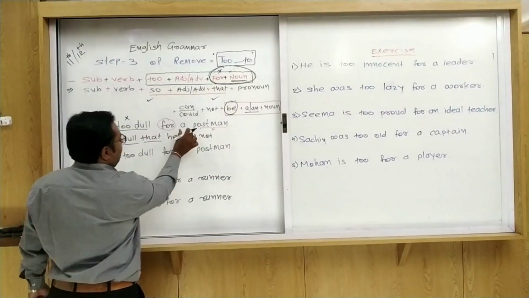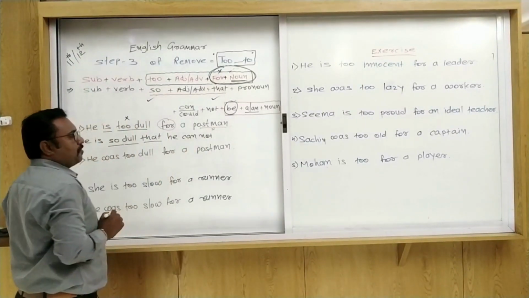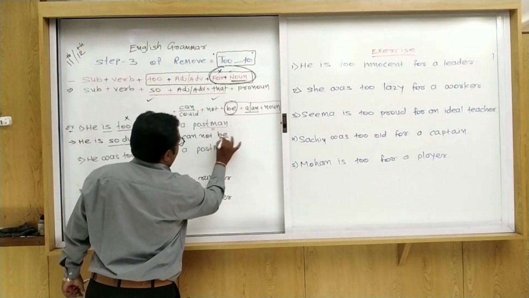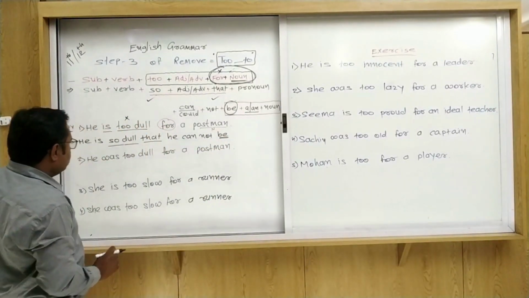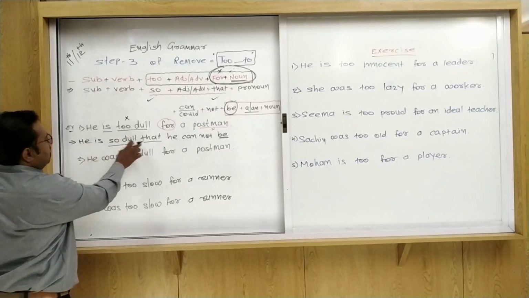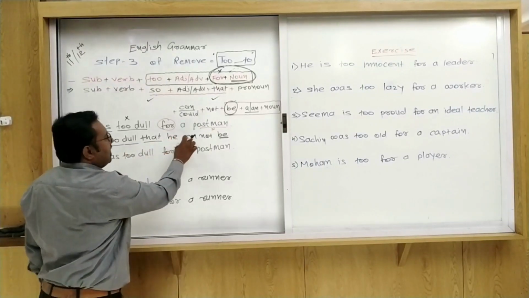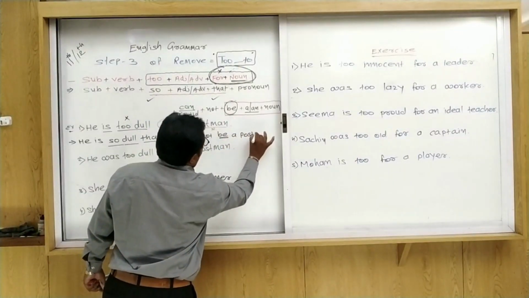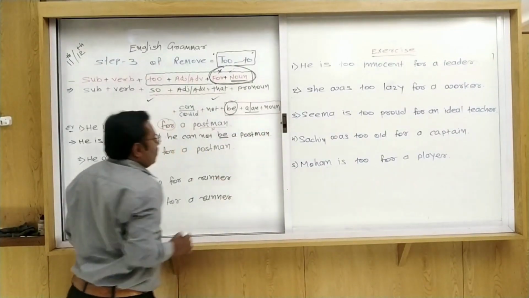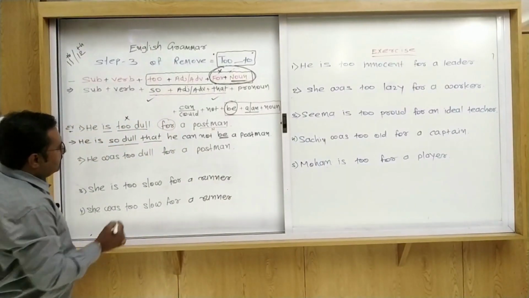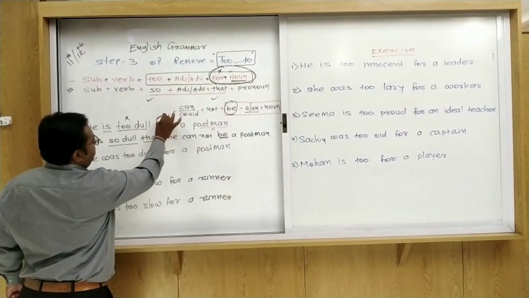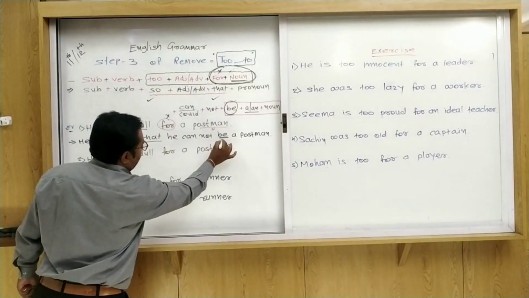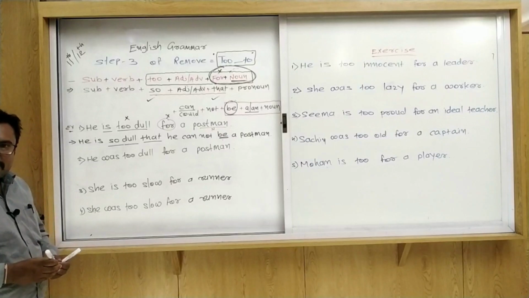Now we have the option of "a postman", so it is necessary to write "be". See that: he is so dull that he cannot be a postman. So dear friends, we have to remove "for" and instead of "for" we can write "be".